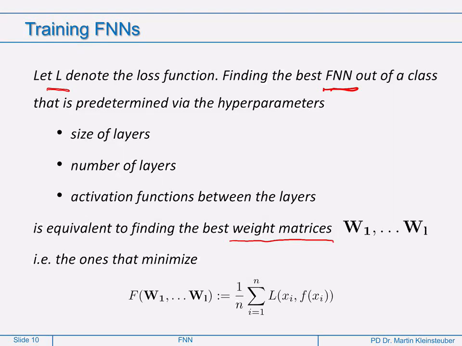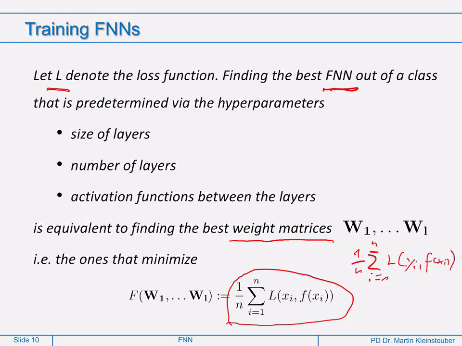And this means that we actually want to minimize this function here, the empirical loss. This is our training data x_i, f(x_i), or in the unsupervised case, it would be 1 over n sum L(y_i, f(x_i)).